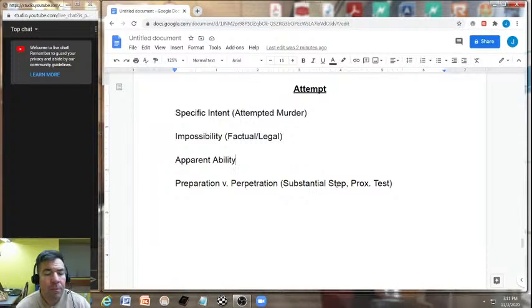Also, another test that may help is called the proximity test, meaning that the next proximate act necessary to complete the crime would have been the actual 100% completion of the crime. So the proximity test is saying that the next proximate act would have completed the crime in question. And these establish whether or not we're in mere preparation versus actual perpetration of the crime.